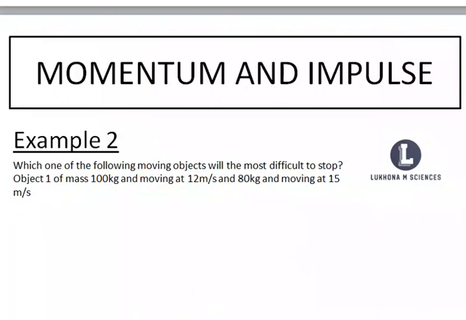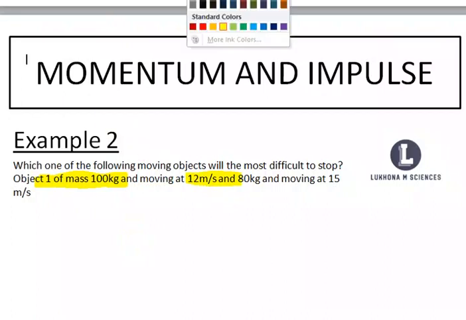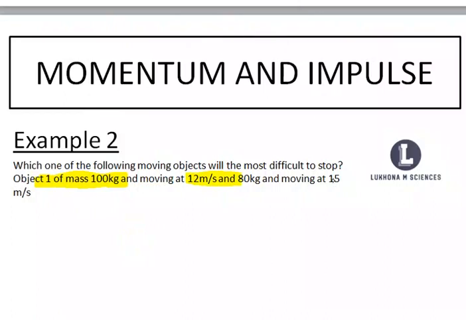Okay, we have object 1 with 100 kgs and is running at 12 meters per second. Then we have object 2 with 80 kgs and is moving at 15 meters per second.